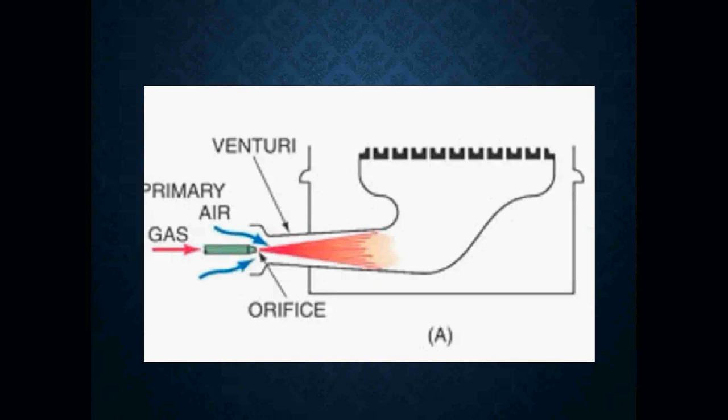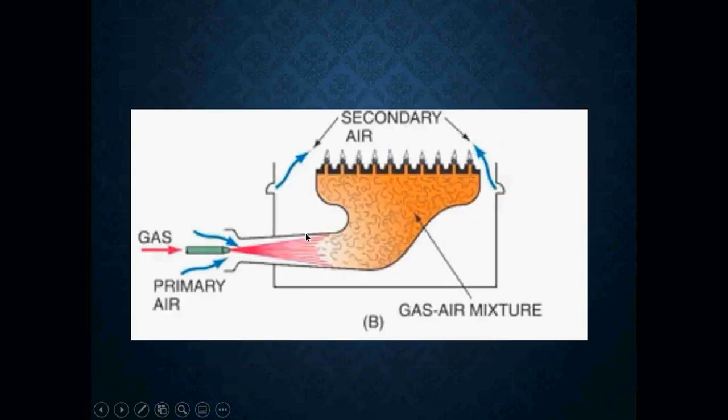So here we have a nice little diagram. Here is my gas coming in. Here's my gas orifice. Here's my gas coming out, which is being ignited. My primary air gets sucked in through my tubes and mixes with the gas that's coming out of my orifice, and that is what helps ignite the gas.